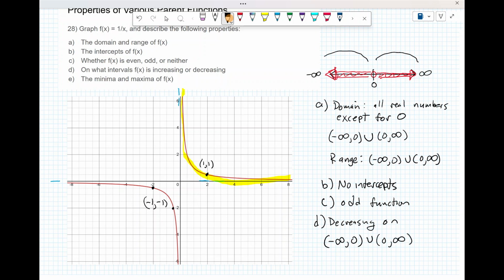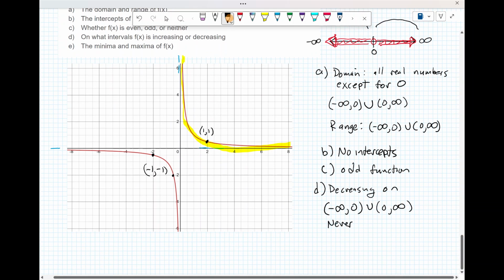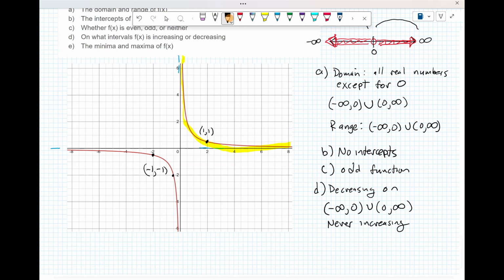So it's really decreasing on its entire domain, which is this up here. And it is never increasing. As x gets bigger, y gets smaller, no matter what x values we are talking about.